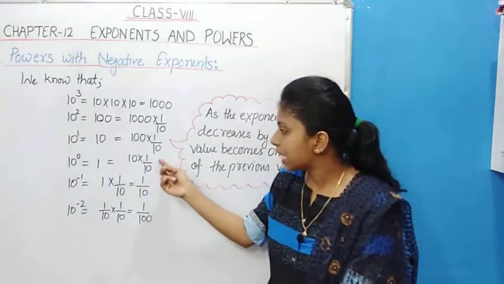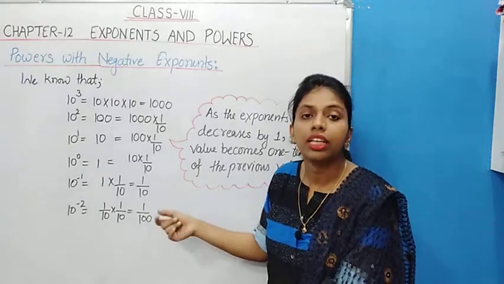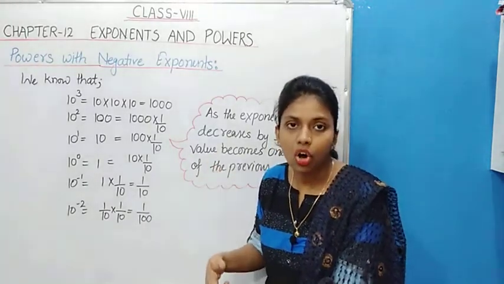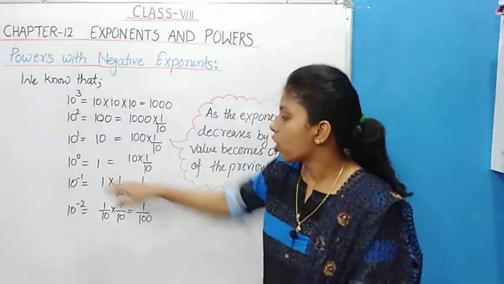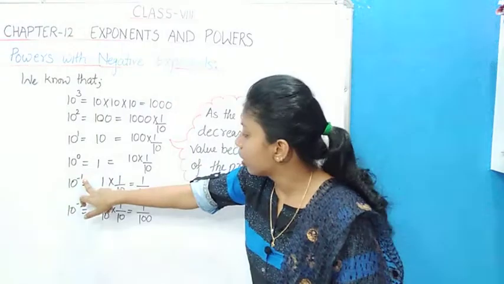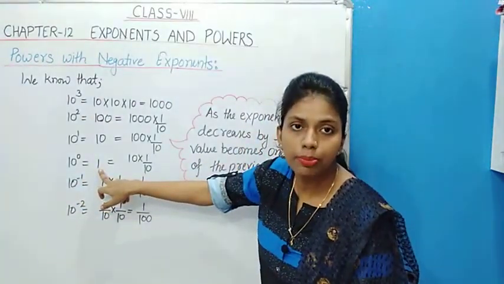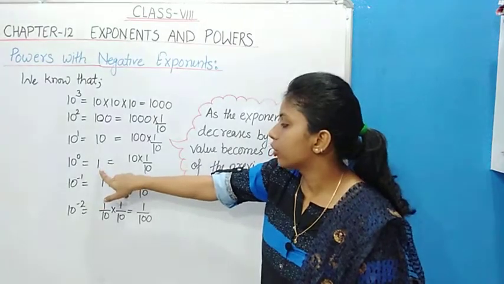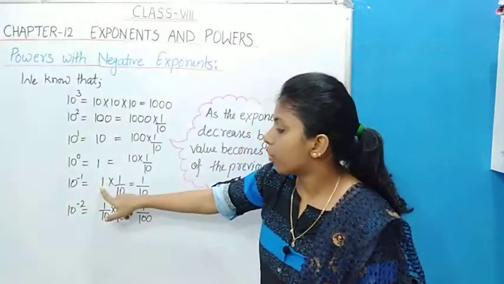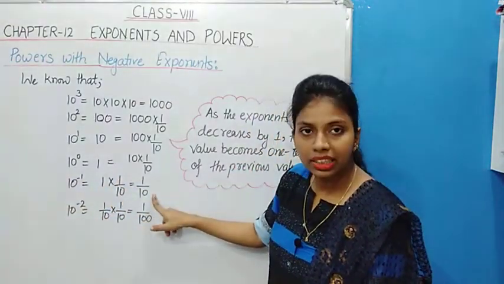As we can see, for each decrease in the exponent, the value also becomes 1/10 of the previous value. If the exponent decreases from 0 to -1, their value also becomes 1/10 of the previous value. The previous value is 1, so 10 raised to power -1 becomes 1/10 of 1, so it is 1 by 10.